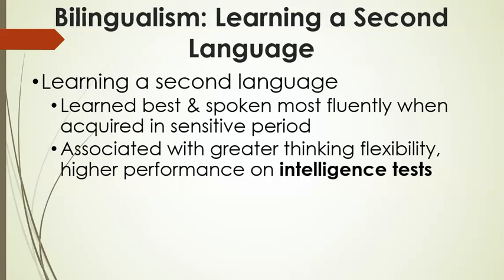In other words, it's more flexible. We also see that the ability to learn a second language is associated with greater thinking flexibility, so people that perform better on an intelligence test.